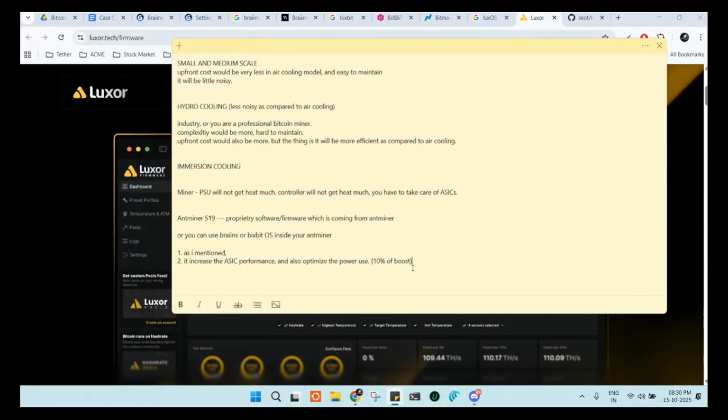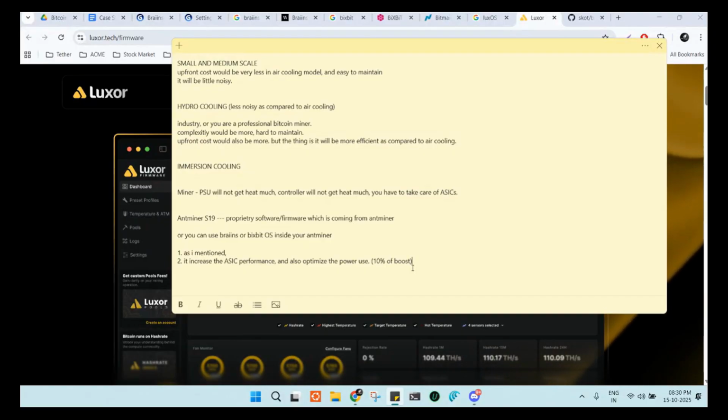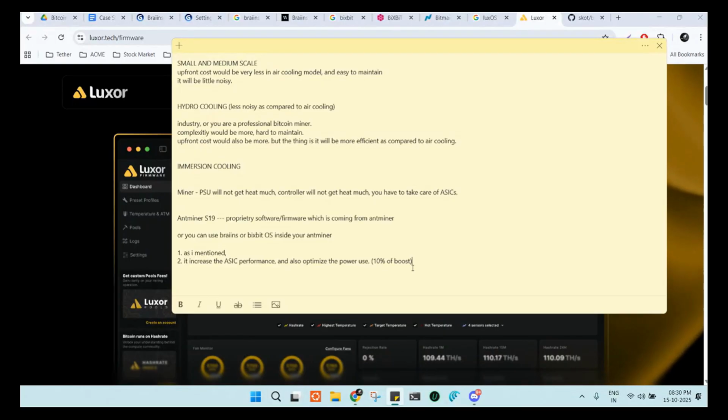So what does it mean, roughly 10% boost? Let us suppose you are getting 80 terahash, then you might be getting 88 terahash if you are using this firmware. So performance will increase, and on that performance, those guys earn money. How?